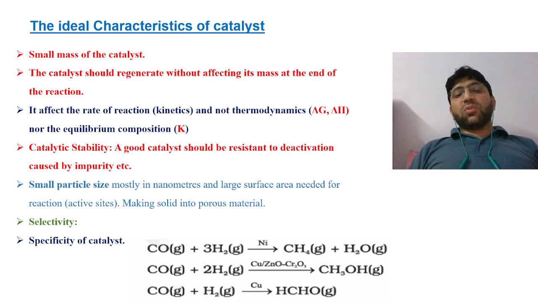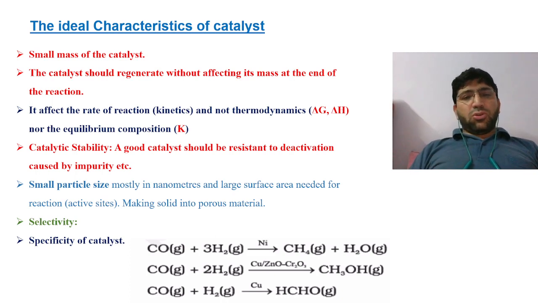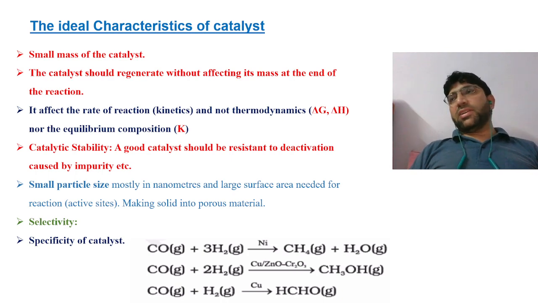That is why people are synthesizing different varieties of materials having different architectures which will provide effective surface area, like porous materials, or materials having different architectures, like flower-like, cubes, etc. So these properties should be fulfilled by the catalyst.